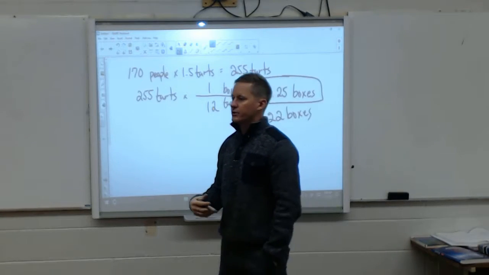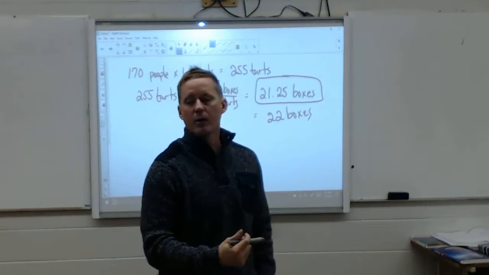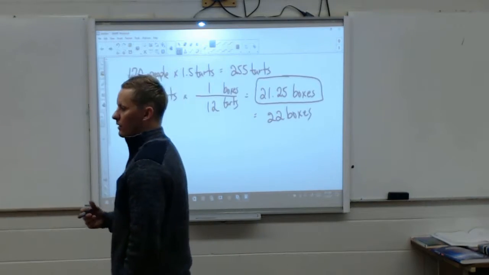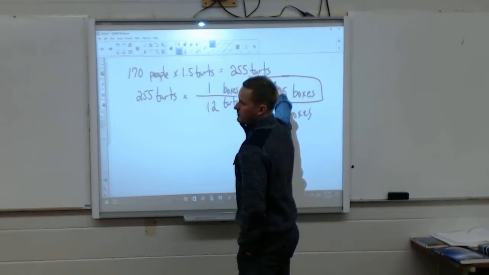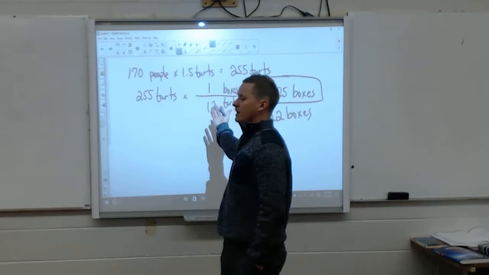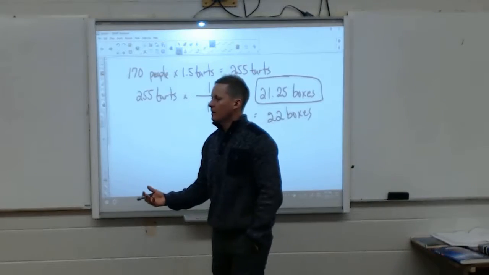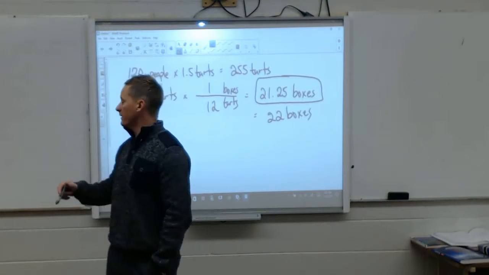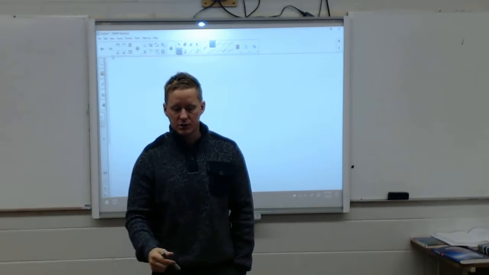When we do mortgages next year in applied math, you're going to find out that you'll get like 21.25 years in order to pay off a loan. So you take more time in order to pay it off. In terms of people, if we had 21.25 people as part of our answer, we would only have 21 people because you couldn't have a quarter of a person. So those are things that we want to get used to this year.